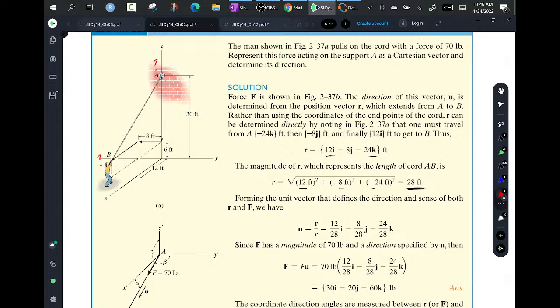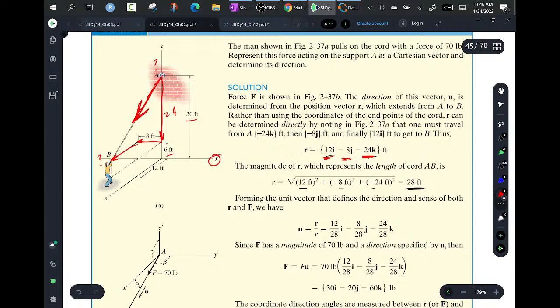So it looks like I'm going to have to do this along a different direction. I'm going to start with this. I'm going to move down, and that's 24. Why is it 24? It was 30 minus 6. And I'm moving in the negative direction. Then I'm moving back in the negative, this being positive, 8. And then I move out towards the guy's hands, 12. So this vector is actually pointing this way.